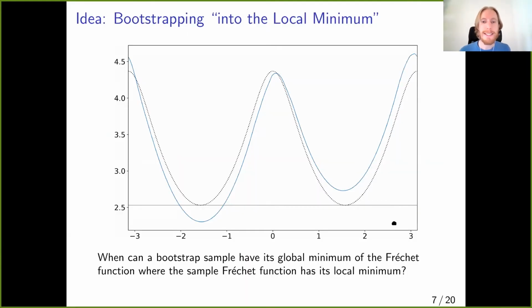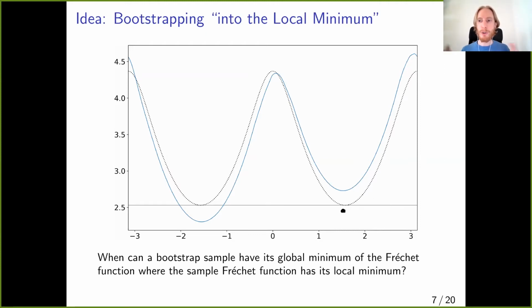So what's the idea? The heuristic idea of how the test works is as follows. It's actually a rather simplistic idea. You have your sample and you can just bootstrap from the sample. So you do the non-parametric bootstrap by drawing with replacement from your original sample a new artificial sample of the same size.